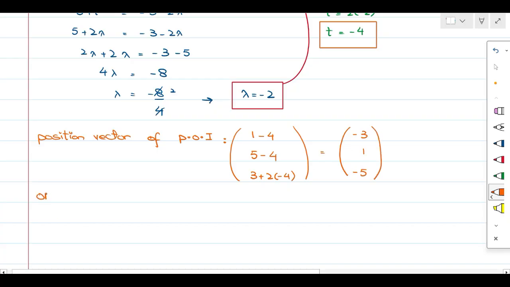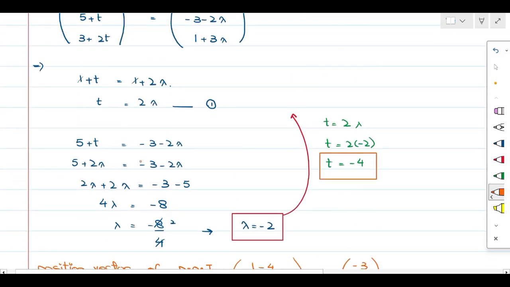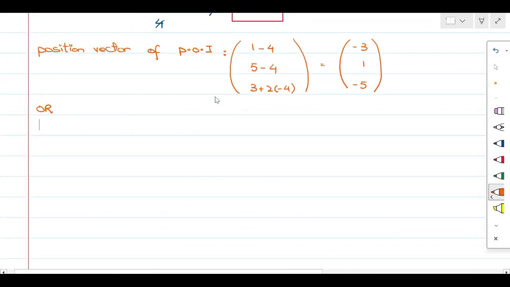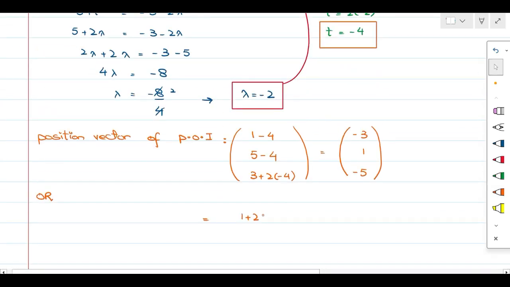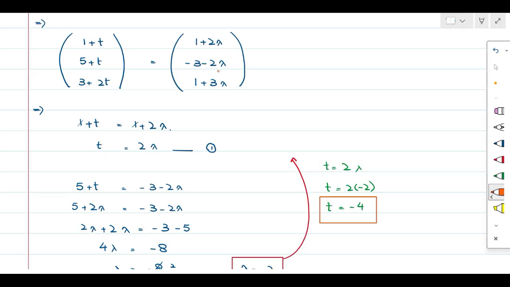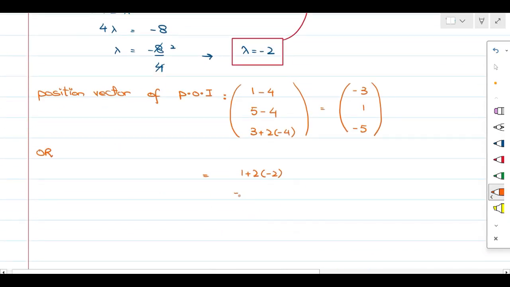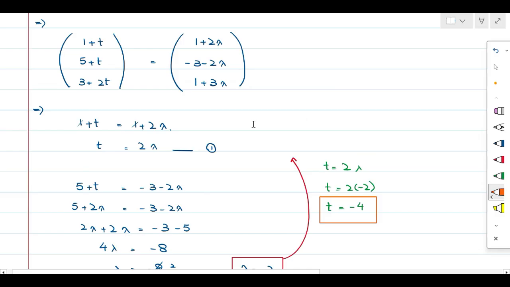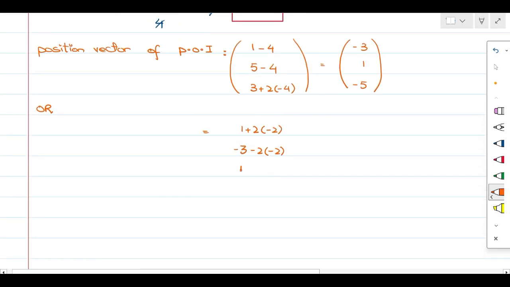Or you can do the second one by putting the value of lambda. 1 plus 2 lambda, what is lambda? Negative 2. And you can do minus 3 minus 2 lambda, or the third one, 1 plus 3 times lambda, lambda is negative 2.